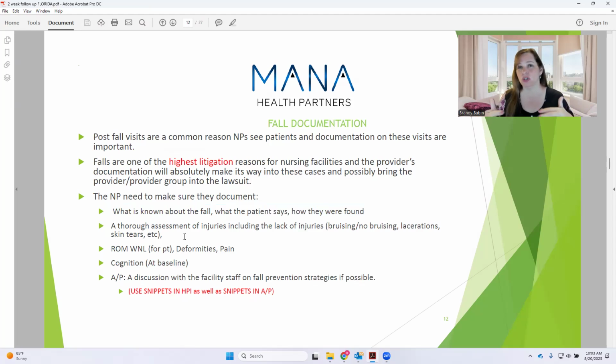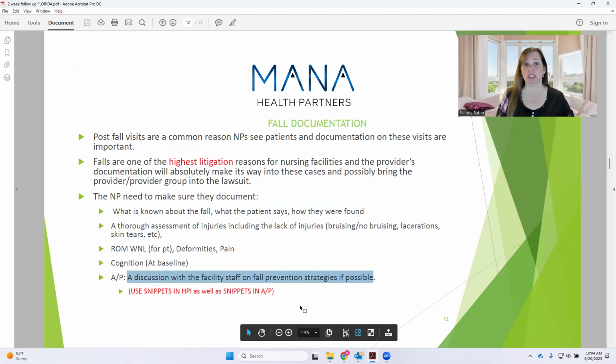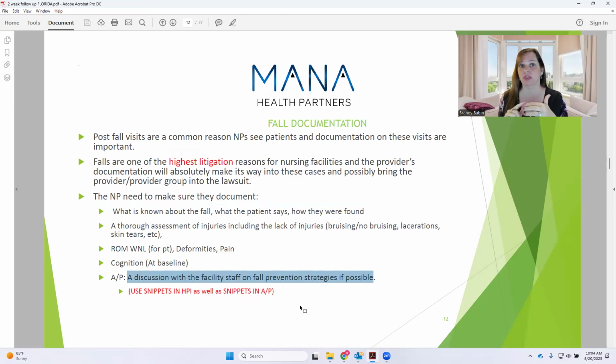So did we have a seizure? Do we have something going on in the brain? That's important. And then under the assessment and plan, and of course this is under the snippets, you're collaborating with the IDT team. So make sure under your collaboration section that you're writing that you've collaborated with the IDT team about their fall.